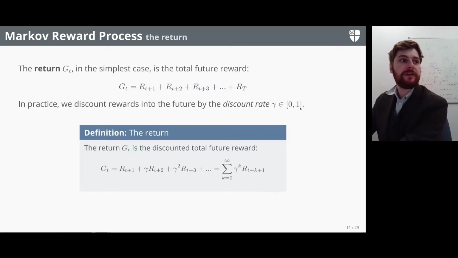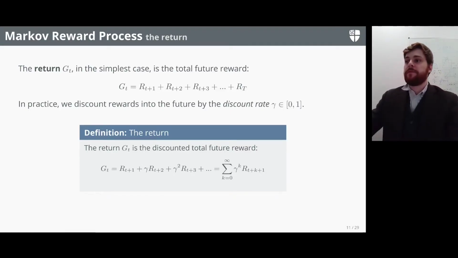So the return, really the future reward, is called the return, and it's parameterized by this discounting factor, gamma. Gamma is typically a scalar less than 1, where we have gamma to the power of k for the kth future time step.